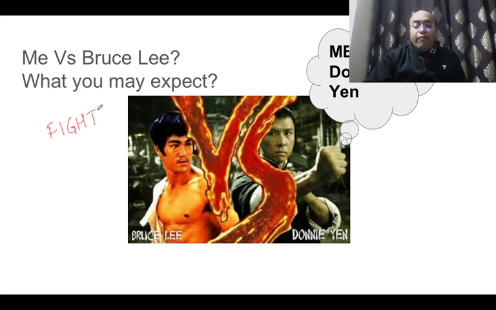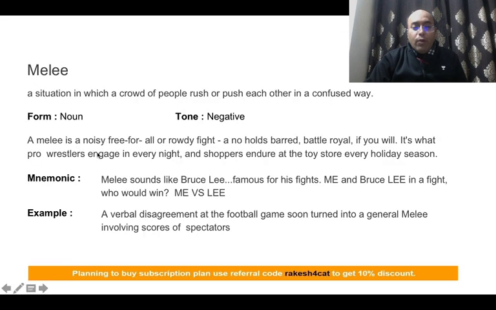The word that we get with this is MELEE, right? So let's look at this word. It says that melee is a situation in which a crowd of people rush or push each other in a confused way.